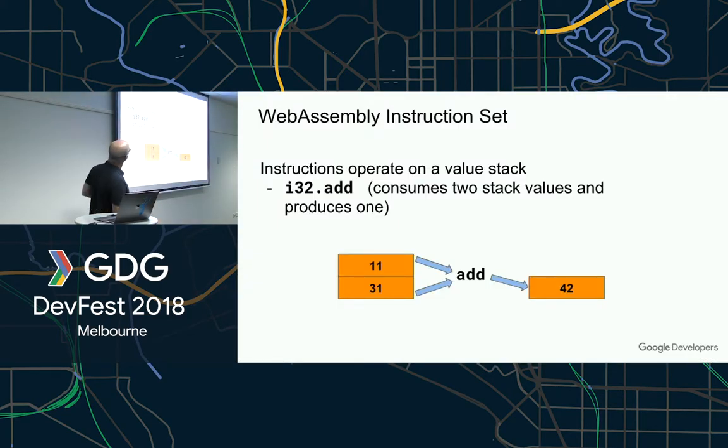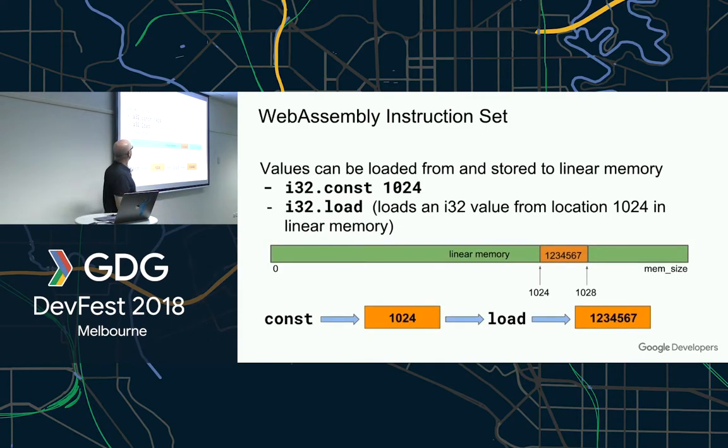Let's just quickly have a look at an example of an instruction. This is a 32-bit integer add instruction. The way it would work in real life, you'd have your stack over here, with 2 values that you've put on the stack somehow. The add instruction gets executed, takes those 2 values, adds them, and leaves 1 thing on the stack: the addition of the 2 of them. Really simple. Here's another example, loading a value out of memory.